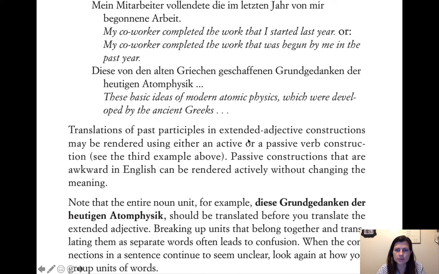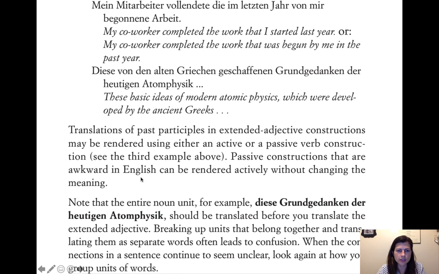So then we have those are the same ones. Translations of past participles in extended adjective constructions may be rendered using either an active or passive verb construction. So here, that was this one. So that I started, sometimes it sounds better, or was begun by me, that's a passive. So sometimes you'll have choices which give the same meaning.